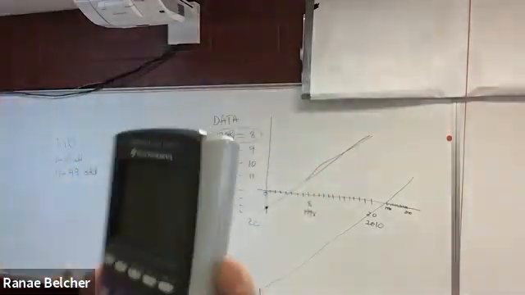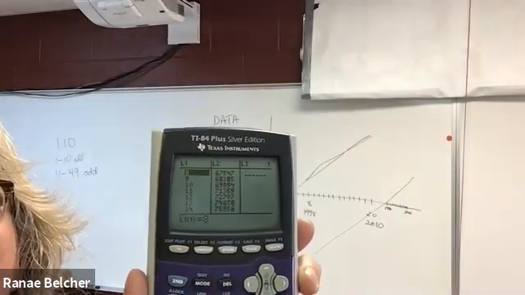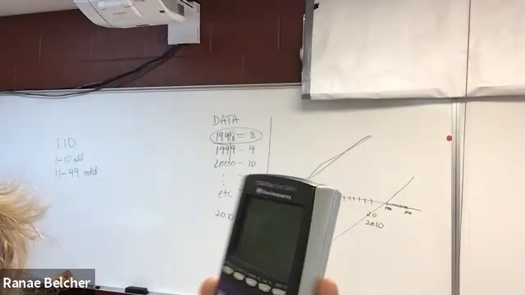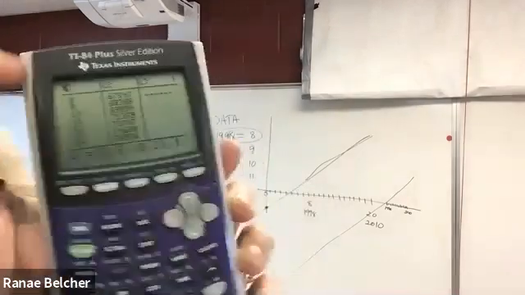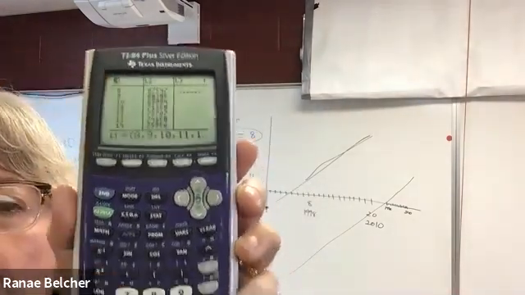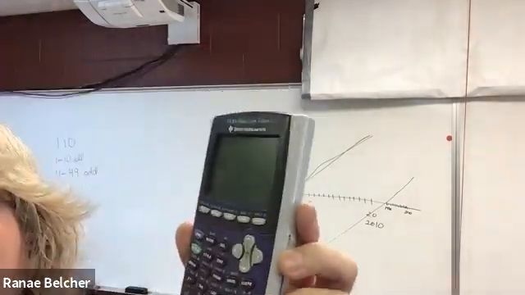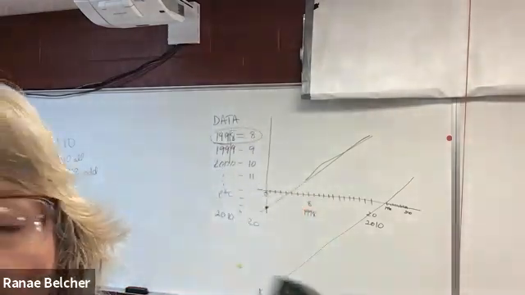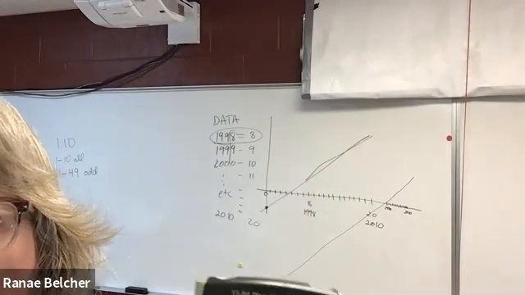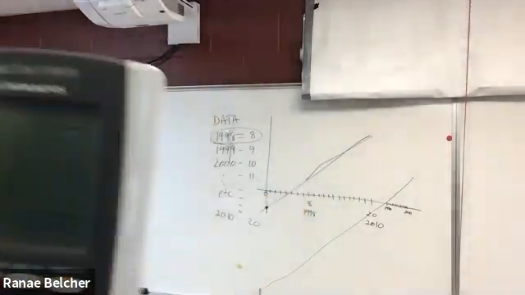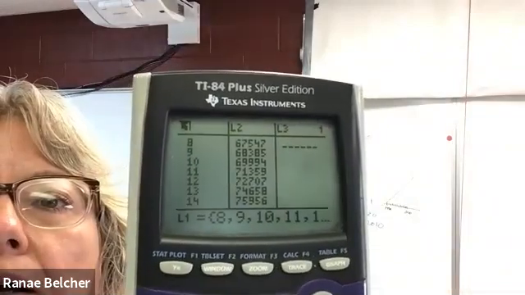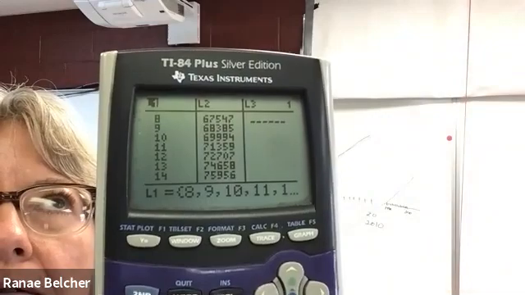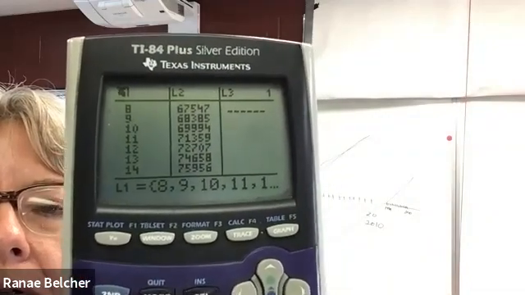If there's some numbers there, but you don't want them, you can scroll up so the cursor's on L1, and then you hit clear enter, and that'll erase everything in that column. So you got to clear your columns first. Yeah, and then put the data in like I did here. That's just the same as what you have in the book, except you change the 1998 to 8 and so on.